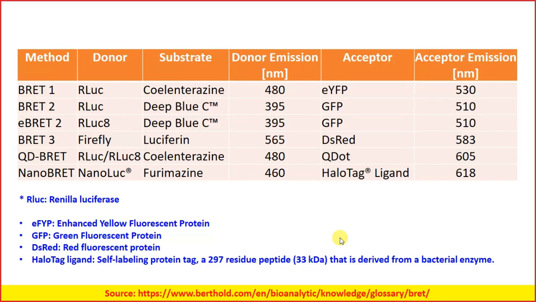We also discussed the different methods of BRET and their donor emission and acceptor emission, and accordingly, the broader the donor emission and the acceptor emission are, the better it is to capture a specific wavelength signal.